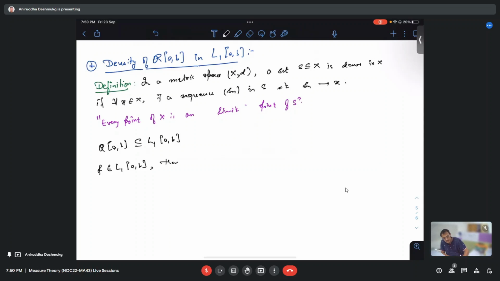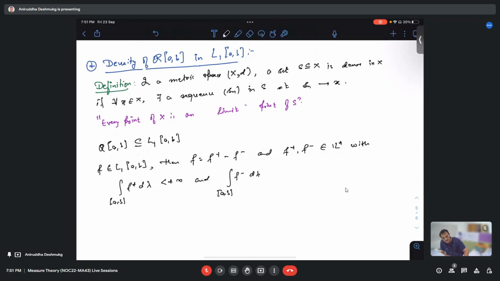But that is also not very difficult to see, because if we start with f in L1, then f can be written as f plus minus f minus, and both f plus and f minus are non-negative measurable functions with the property that the integral of f plus d lambda over AB is finite, and the integral of f minus d lambda over AB is finite.